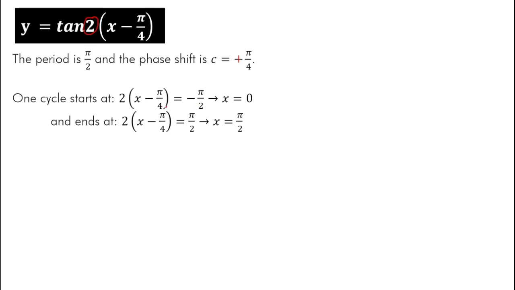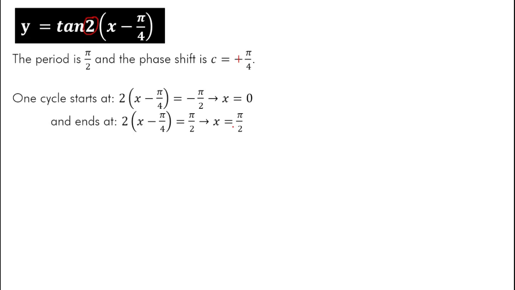Evaluating that, we obtain x is equal to 0. And then it ends at 2 quantity x minus pi over 4 is equal to pi over 2. Evaluating this, we obtain x is equal to pi over 2.